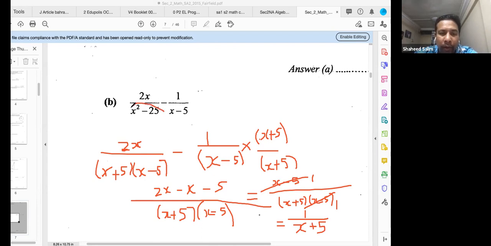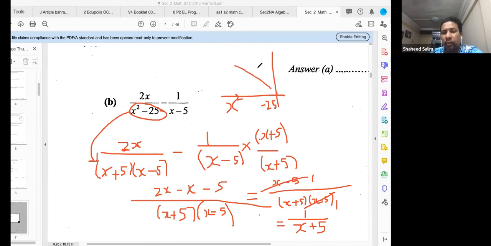Anyone confused about how I got this? You can use the completing the square method. Remember completing the square method? Down here you write x squared. Here you write the last term, minus 25. So now you do it like that. X times x, x squared. 5 times 5, 25. But you need minus, so 1 minus 5, 1 plus 5.